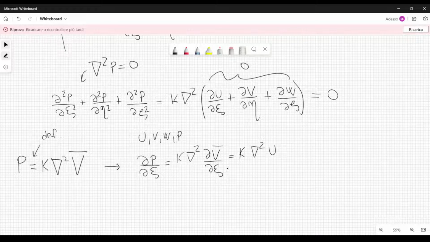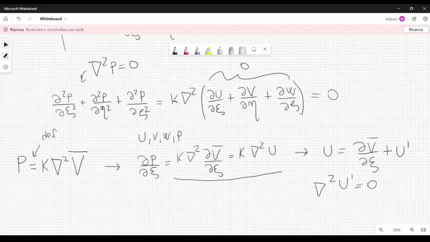And if we take a look at this equation, we can define u as the derivative of V bar with respect to xi, and Einstein also puts another function u prime here. Of course, for this to be true, we have to ensure that the Laplacian of u prime is equal to 0, because this equation tells us that the Laplacian of the derivative of V bar should be equal to the Laplacian of u, and if the Laplacian of u prime is equal to 0, this equation is also satisfied.